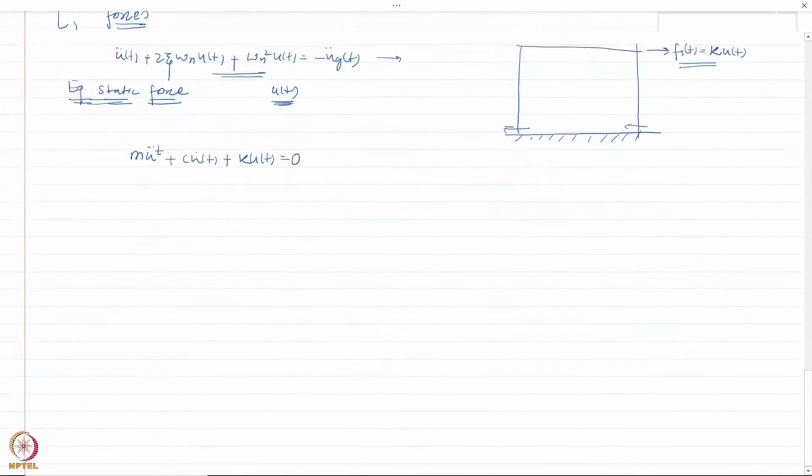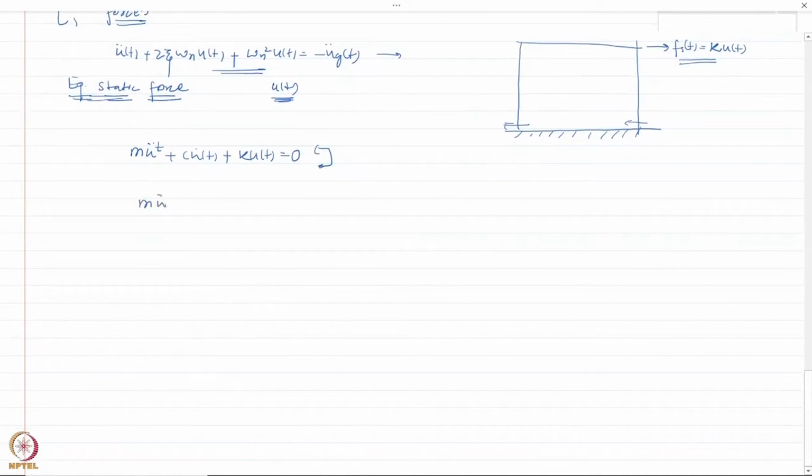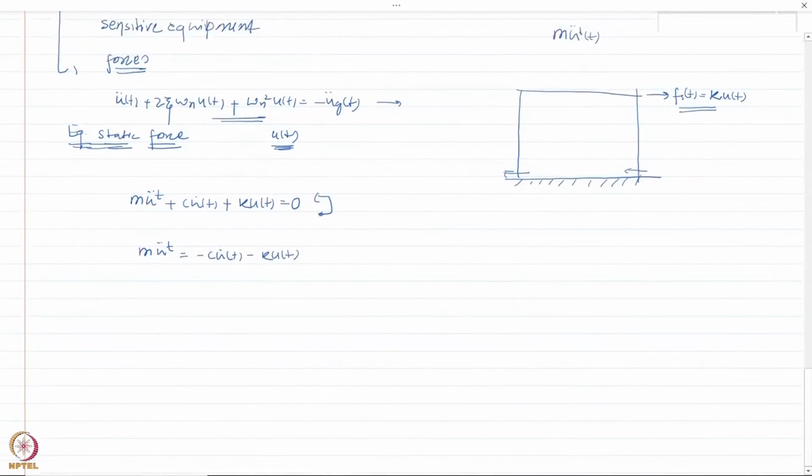Now if you consider this equation of motion here, that question can be rephrased if I write it like this: m times the total acceleration is equal to minus c u dot minus k u of t. So the question becomes, why am I neglecting the damping term? If I consider only k u of t, it is effectively the mass times the total acceleration if I neglect this damping term.